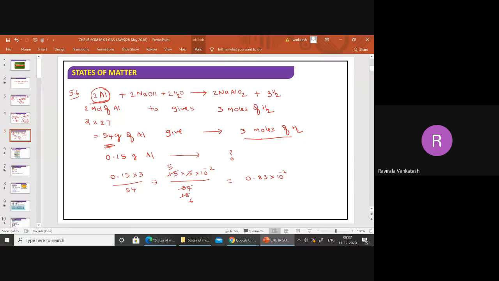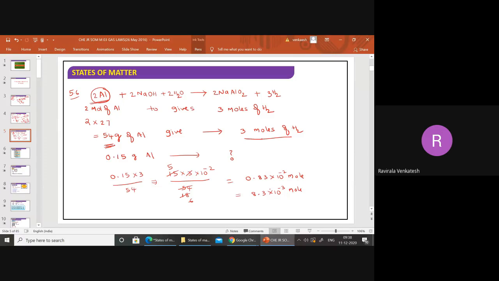But shall I write like this for our understanding? 8.3 into 10 to the power of minus 3 moles. Both are the same. Now what I am saying is 0.15 grams of aluminium will give 8.3 into 10 to the power of minus 3 moles of hydrogen gas.